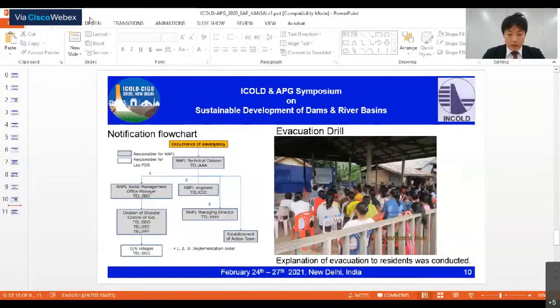It is key that special attention is given to the elderly as well as to the less mobile and mentally impaired persons, so they will have an understanding of the EAP and, where necessary, special agreements are made to ensure they are evacuated. Therefore, NNP1 conducted the explanation of evacuation and the evacuation drill.